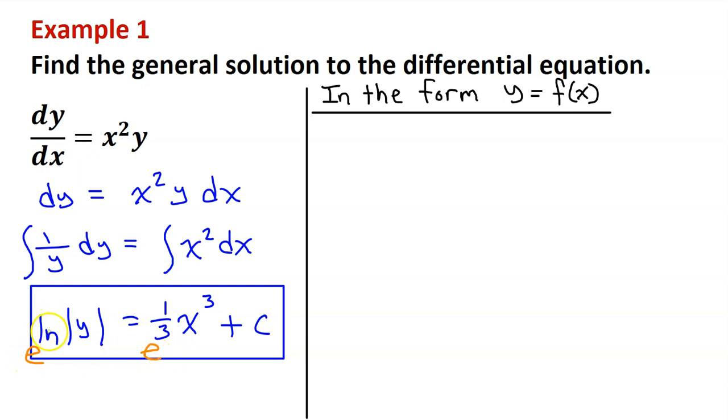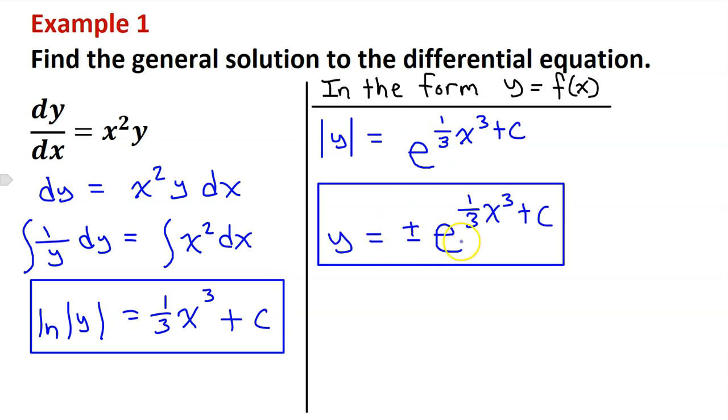The base e and the ln cancel each other out. These are inverse functions. So now we have this. We can take away the absolute value on the left-hand side as long as we make the right-hand side plus or minus. So this is another version of the answer in the form y equals f of x.